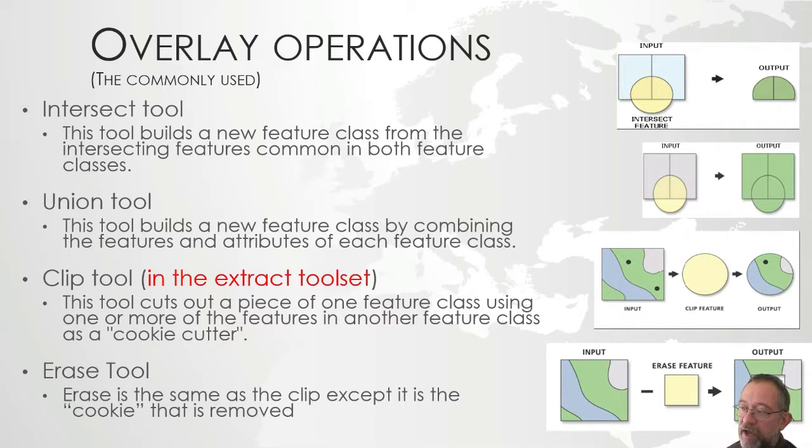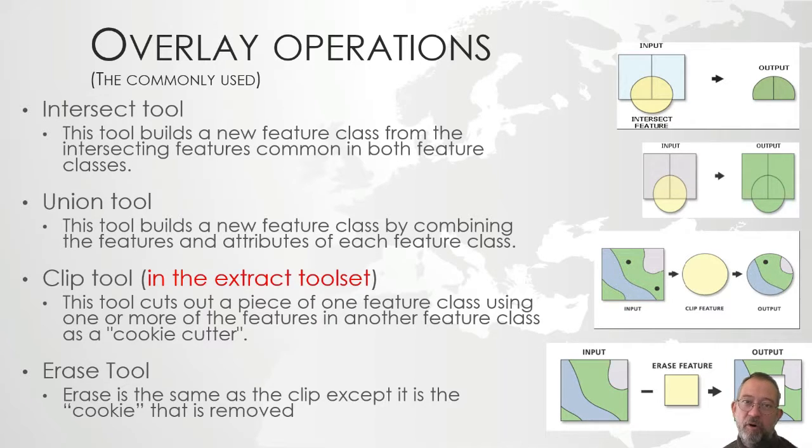If you look at the attribute table of both the intersect and the union, they by default will have all the attributes from the layers that they have operated on. So not just a set of single attributes, but basically all the attributes from all the layers that have been included in the operation.